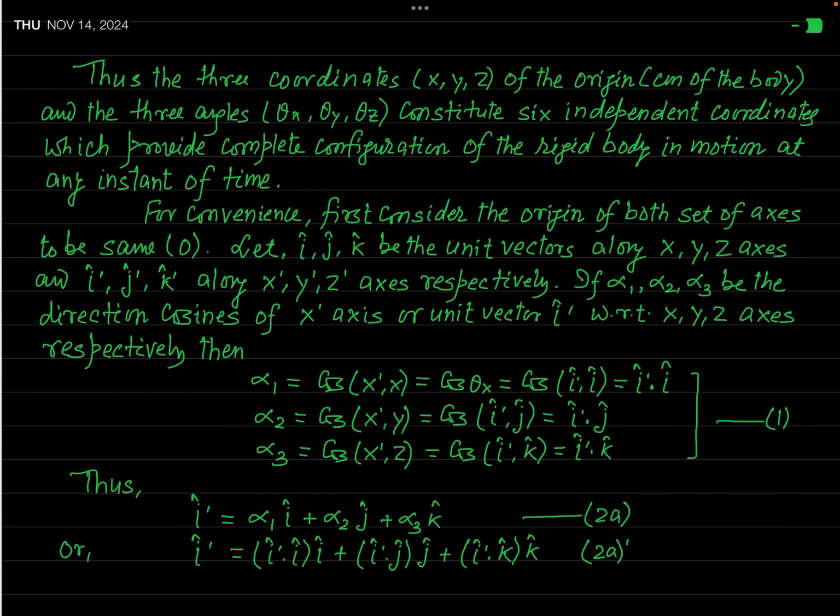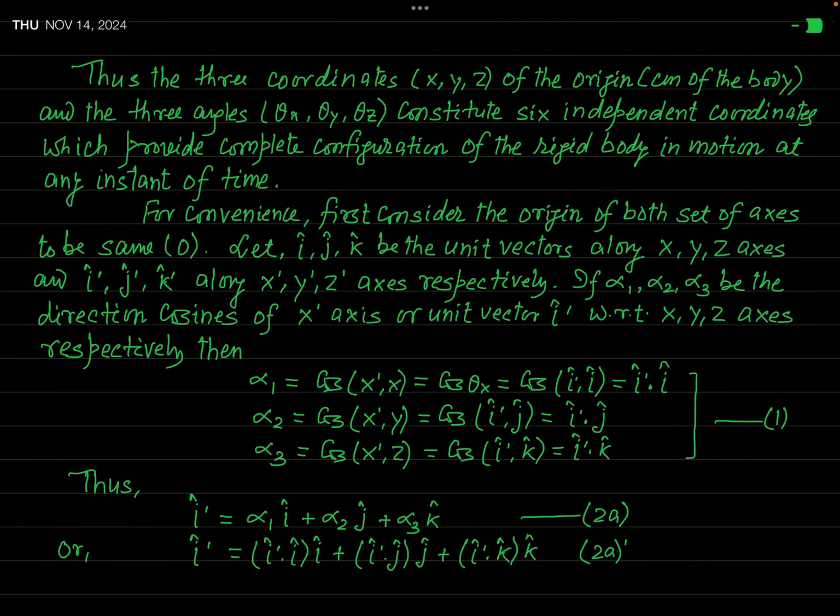Now for knowing the transformation equation from one coordinate system to another of any position of a vector or the coordinates of a point, first of all we will see how we can define the direction cosines of the three axes of the body coordinate system relative to the space coordinate system.